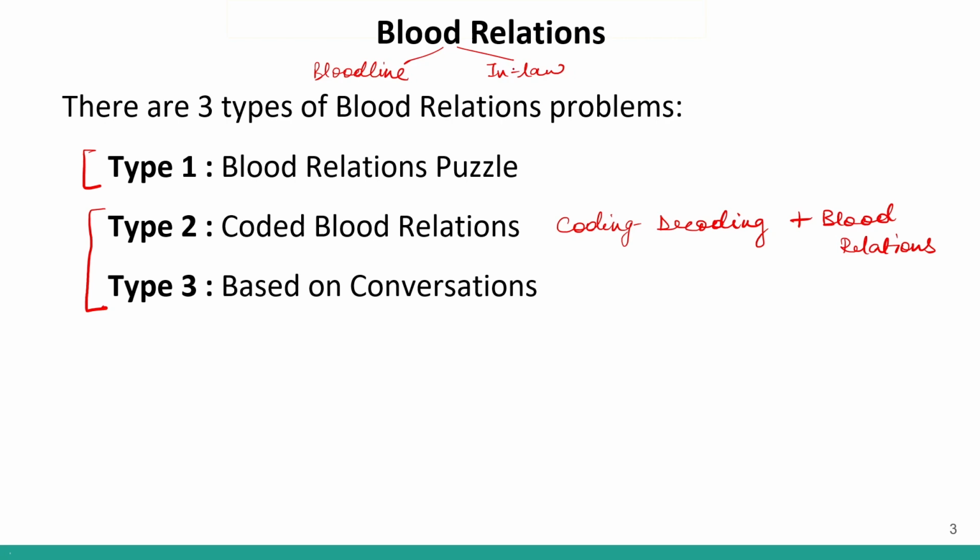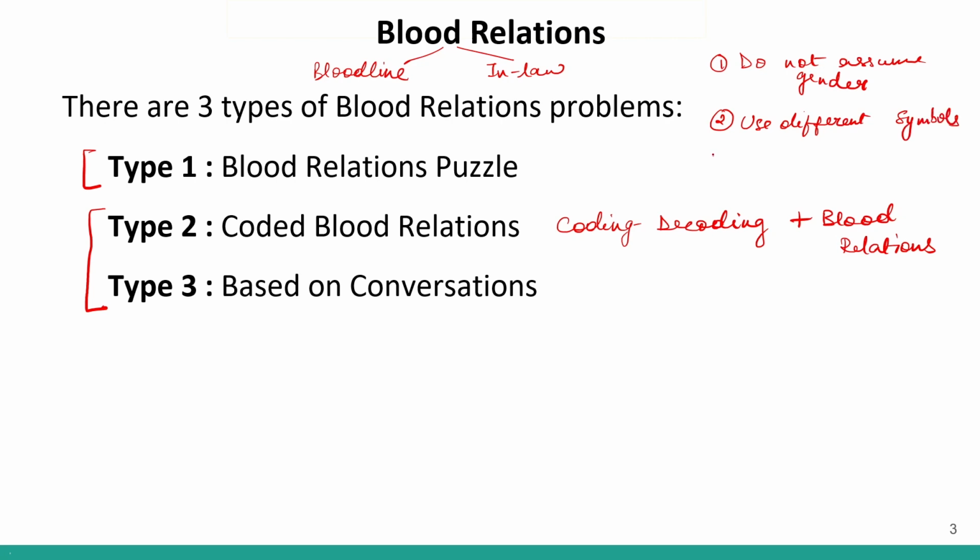Then I told you to remember 3 different things. First was, do not assume the gender. Whenever we solve questions on blood relation, we do not assume the gender unless it is specified in the question, or we can derive it from the information that is given in the question. Correct? Second is, we use different symbols to denote different relations. This is done in order to avoid any confusion.